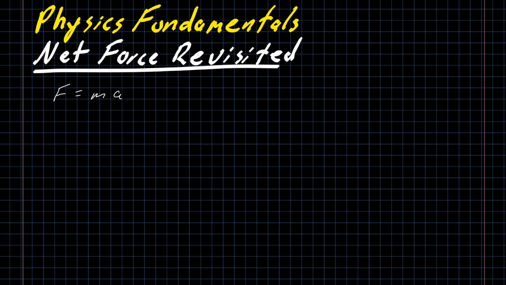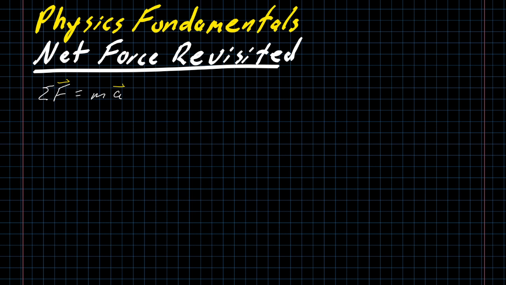Whenever we're talking about forces, we're generally going to be invoking Newton's law in some way, shape, or form. We've seen previously that if we have several forces, we can add all of the forces together to get a net force. And we are now talking about making our force a vector.